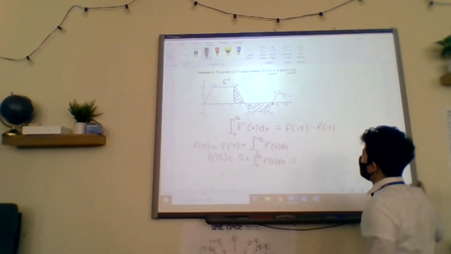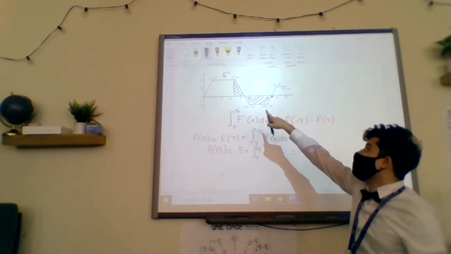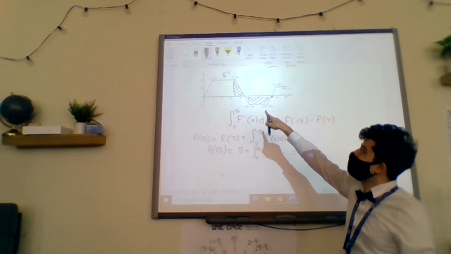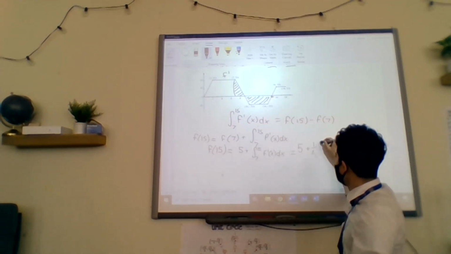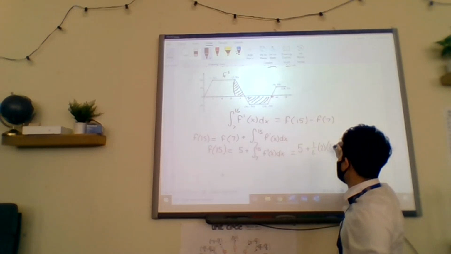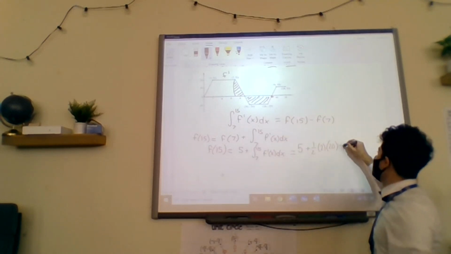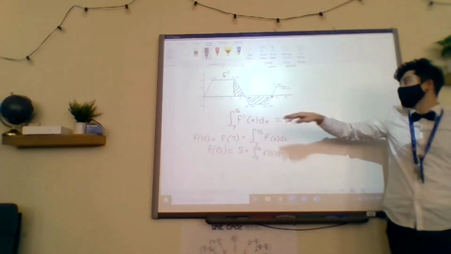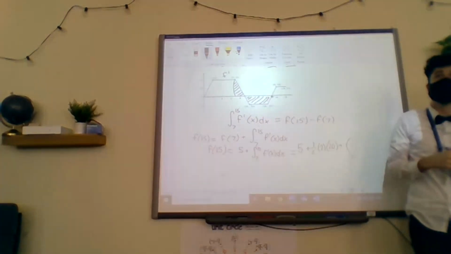Okay, so let's do that real fast. That would be 5 plus, all right, that area looks like a triangle and a trapezoid. So the triangle has an area of 1/2 base, which is 2, times height, which is 20, according to the graph, plus the area of that trapezoid. Normally I don't remember the area for a trapezoid, so I would split this into 2 triangles and a rectangle.